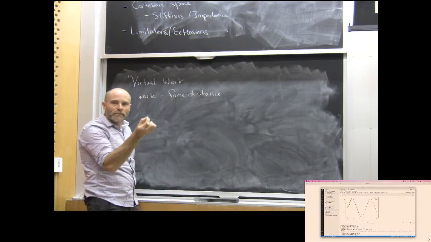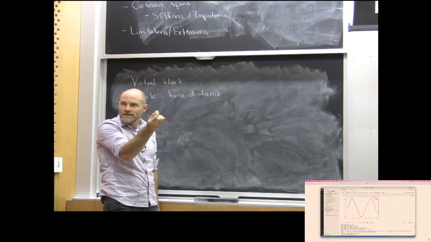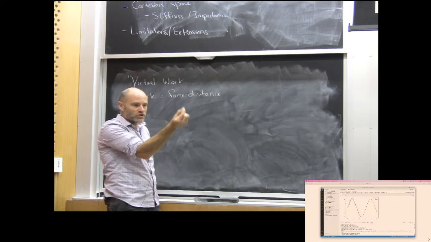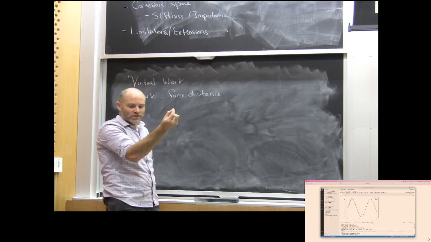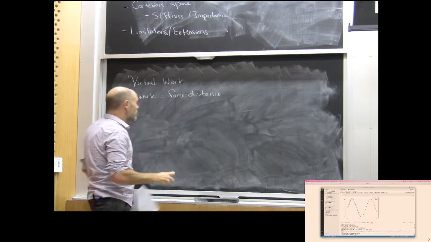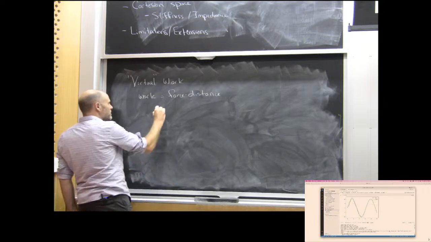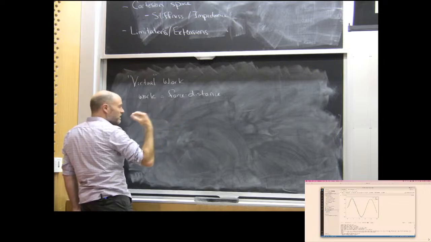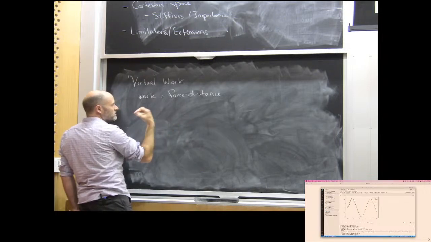Okay? I'm going to compute the work done at the end effector in two different ways. I'll think about a virtual change in x, and I'll think about a virtual change in q. These are two different ways, and I should get the same answer. So the total work done by the force should have an equivalent work done by the torques.